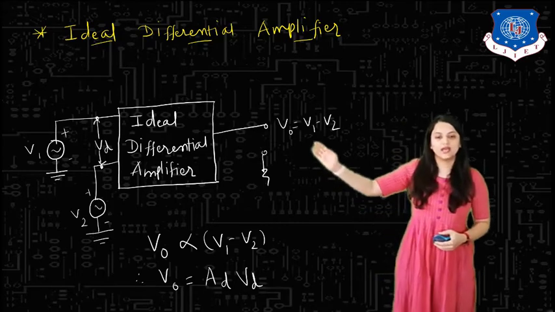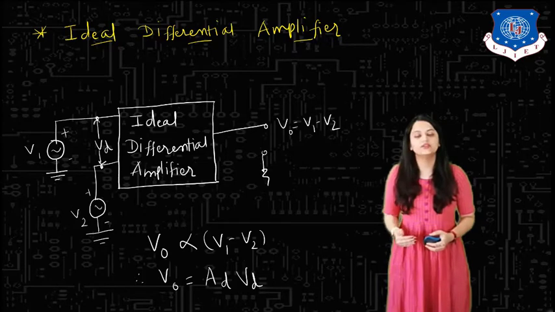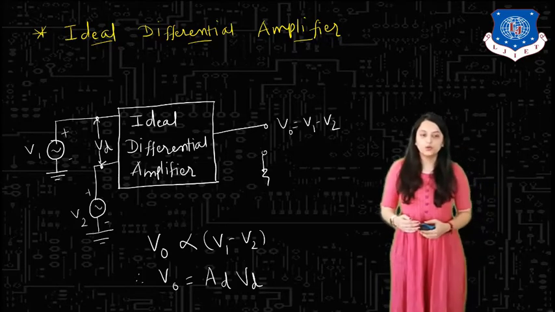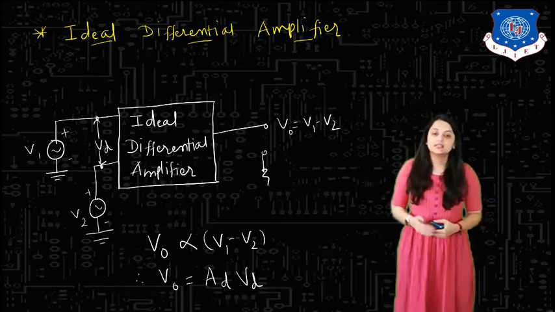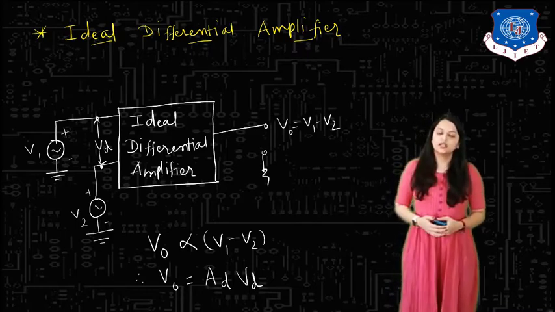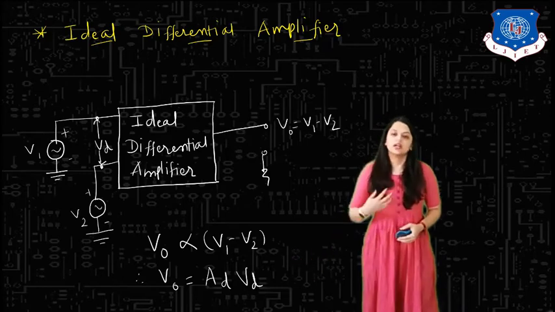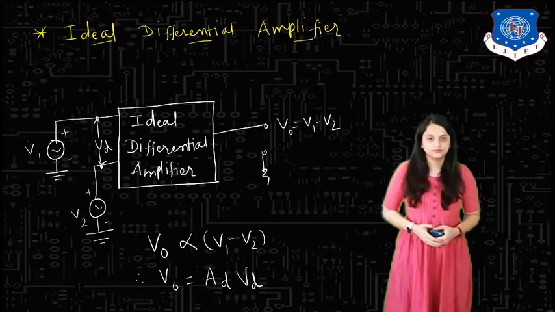At the output side, the difference of the two inputs is generated, that is VO equals V1 minus V2. Here we can say that the output voltage is proportional to the difference of the input voltage, that is proportional to V1 minus V2. If we take the proportionality constant, VO equals AD into VD, where VD is V1 minus V2 and AD is the differential gain.